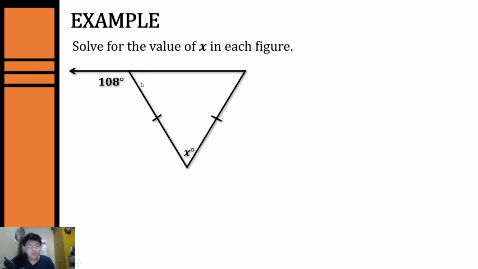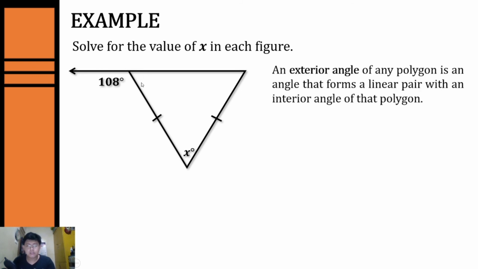one beside 108 degrees. So we know that an exterior angle of any polygon is an angle that forms a linear pair with an interior angle of that polygon. Therefore, the angle beside 108 degrees is supplementary to each other.